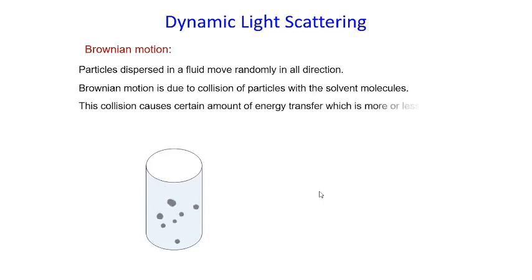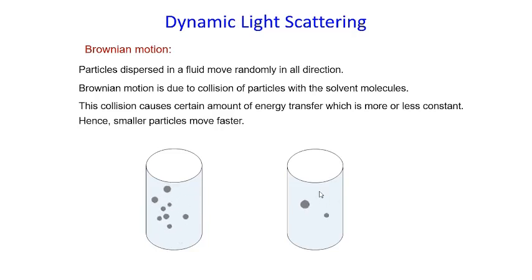Now, this collision causes a certain amount of energy transfer, which is more or less constant, and therefore the smaller particles will move faster compared to the larger ones, as you can see from this animation over here.